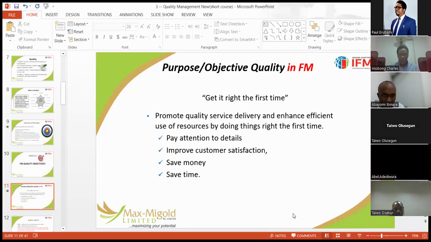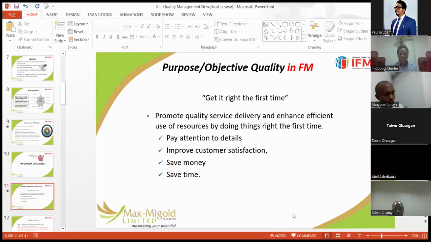So whatever you are doing, because number one, we look at the KPIs. One of the KPIs is zero rework. No client wants to entertain rework. So whatever you are doing, you must get it right the first time. And that's the objective of quality. For you to get things right the first time, you must pay attention to detail.